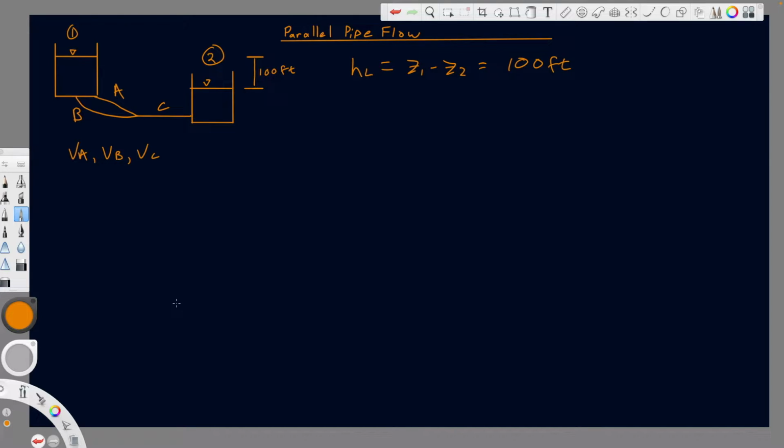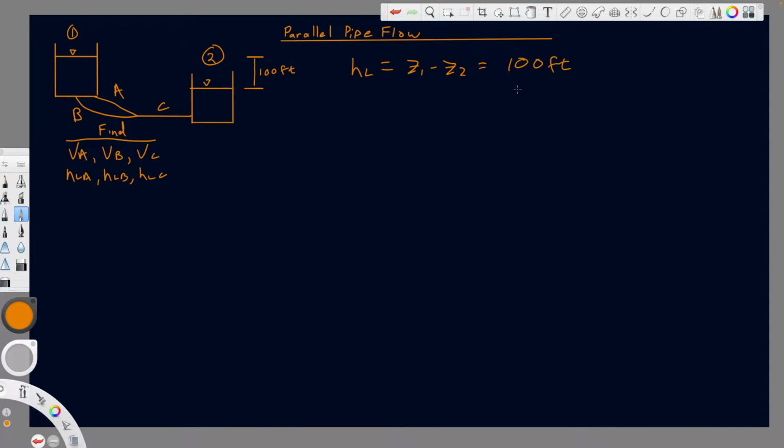You also get the head loss in A, head loss in B, and head loss in C. We want to find these. At least that's typically what you're asked. It could be that you're given some of this information and asked to find pipe diameters that will make that work, but typically this is what you're asked. So, okay, how do we do that?